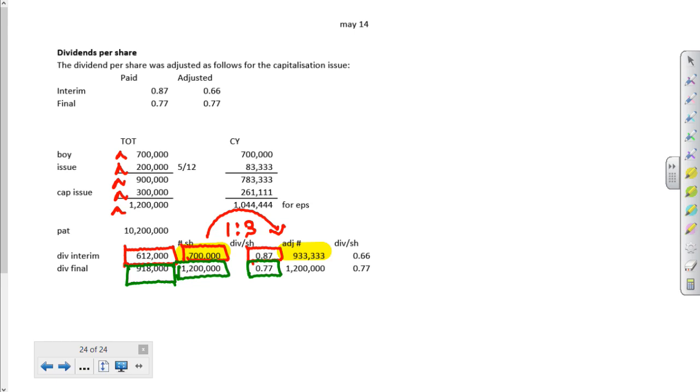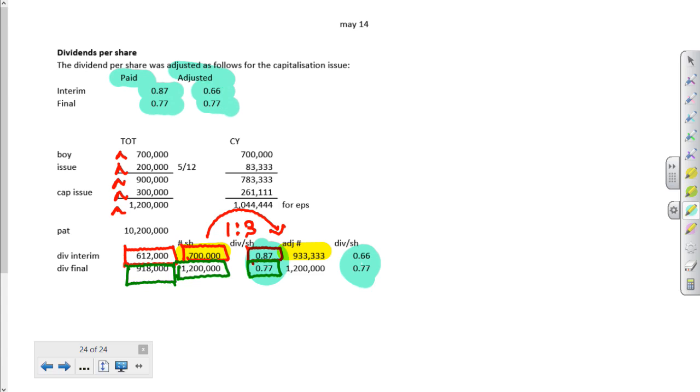And I get that number, 933333. And so then I have adjusted dividends per share, which is this final number here of 66 and 77. So these are the two numbers. In my note, the dividend per share was adjusted as follows for a cap issue. Paid 87.77, adjusted 66.77.